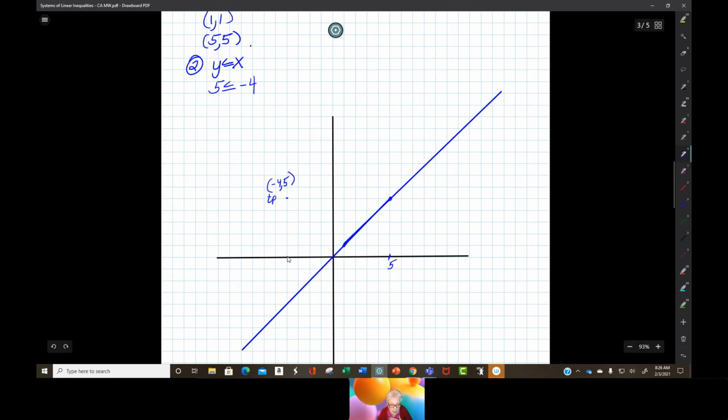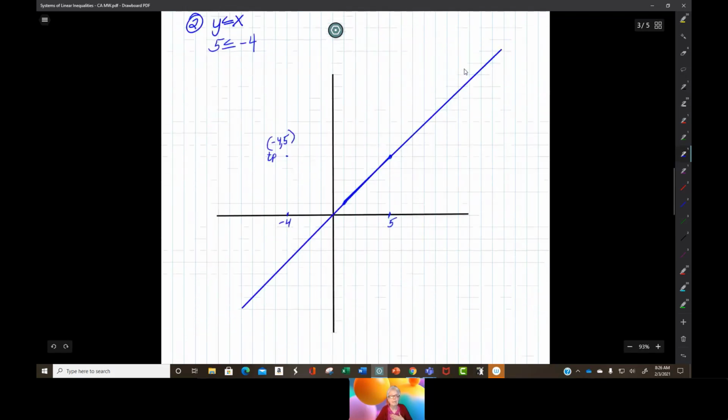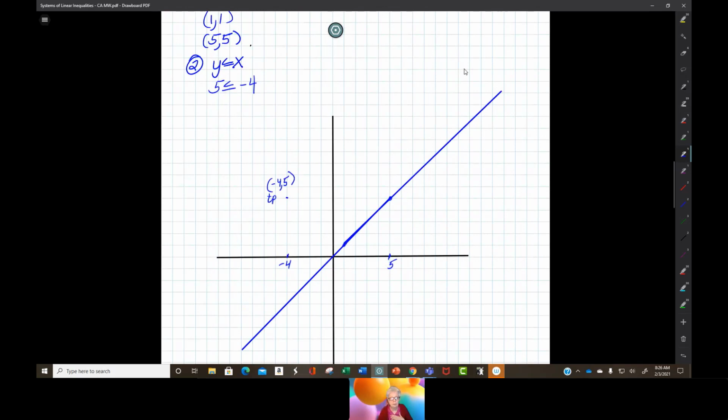Here's -4. 5 is to the right of -4, so there should be a line going that way. Make sure it's not. Nope. Okay. So, I mean, this is just totally wrong. This gives me a false for the blue line, which means I shade over here.